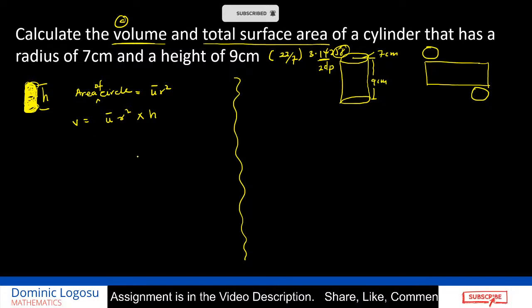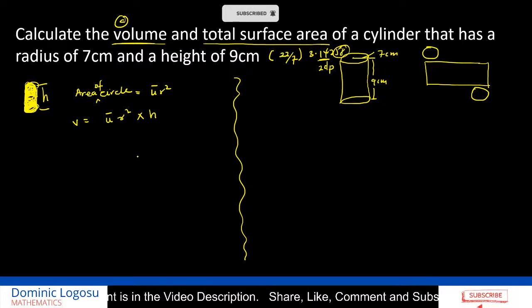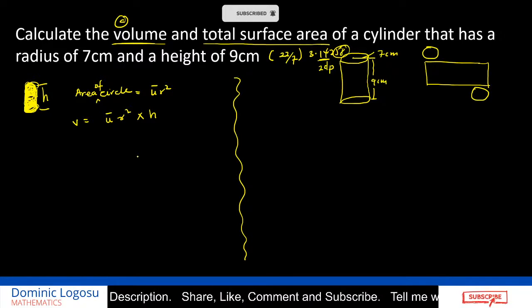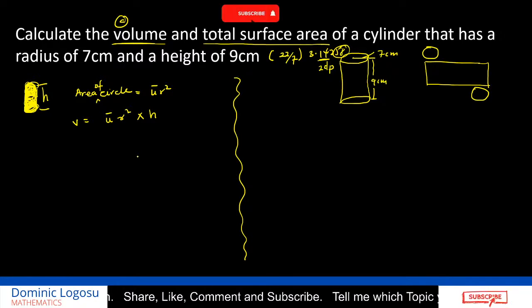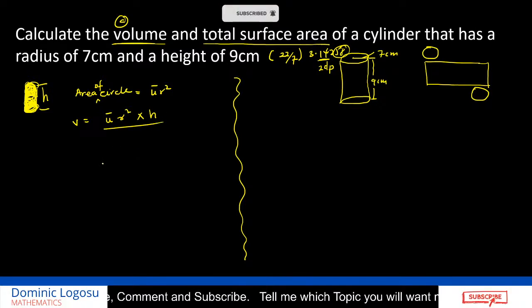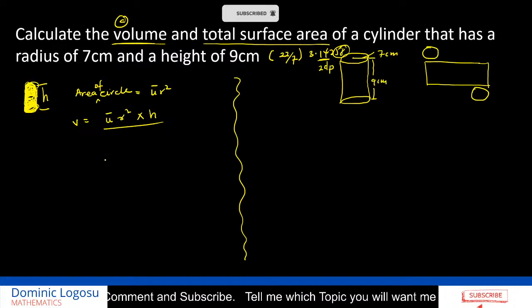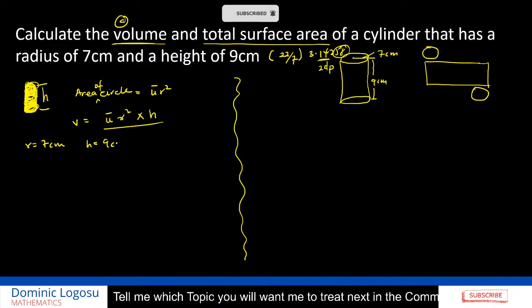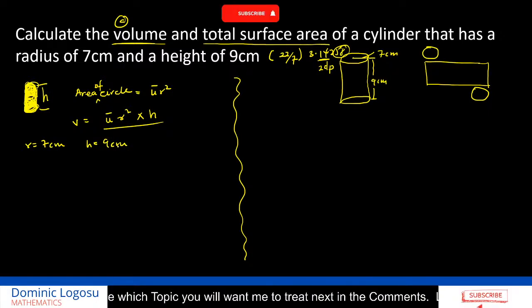How many circles will be stacked up in order to get that cylinder? The height determines the number of circles that will be stacked up. That's how come we multiply it by the height. So that is the formula for finding the volume of a cylinder. Now we have our r to be 7 centimeters, and our height to be 9 centimeters. So we are going to do some form of calculation here.